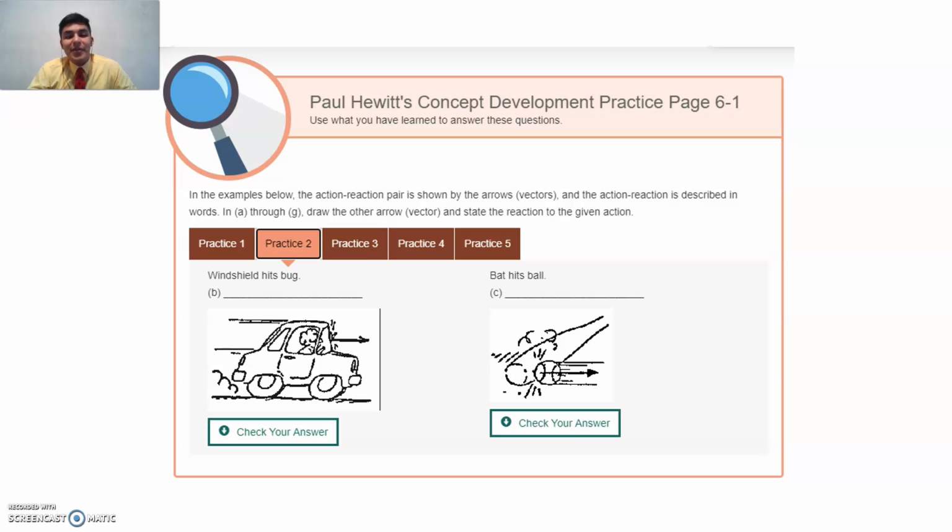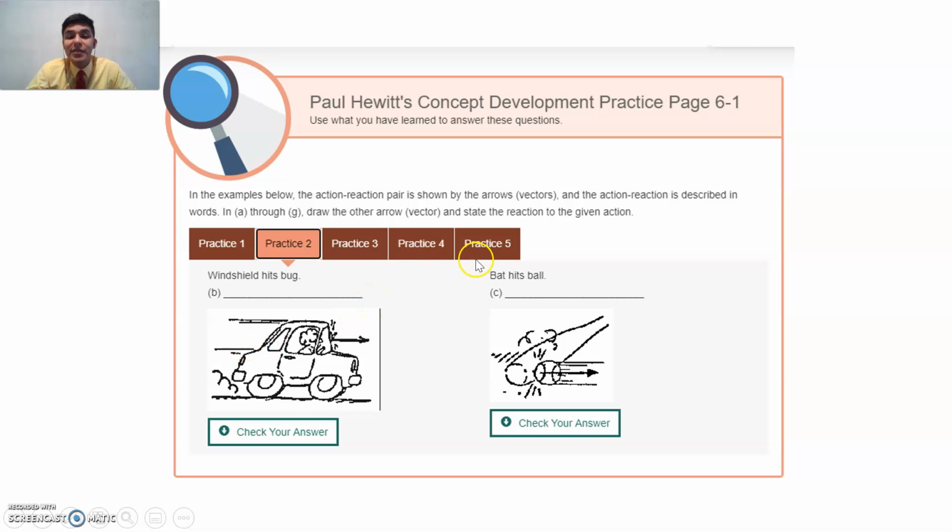We have another one right here: the windshield hits the bug. One more time, what's going to happen if we turn it around? Bug hits windshield. So remember to draw the arrow that is going to signalize the vector right there, the micro tiny force that is going to be applied to the car as well.